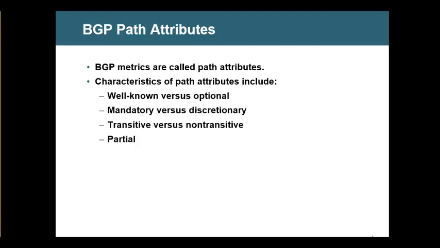That's mandatory. Definitely it should be there. All mandatory attributes are definitely well known also, because everyone should have them. All mandatory will be well known, but not all well-known can be mandatory.